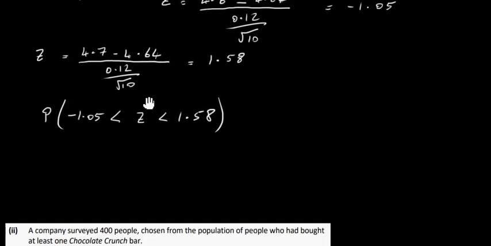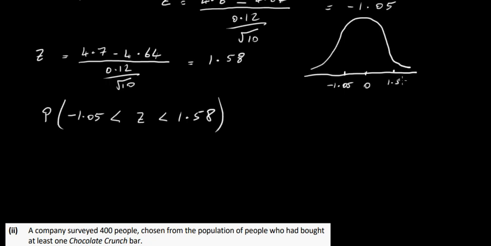Now if you actually draw this, it'll look something like this. So we'll have 0 here, we'll have minus 1.05, and we'll have 1.58 up here somewhere. It's not quite to scale, but anyway.